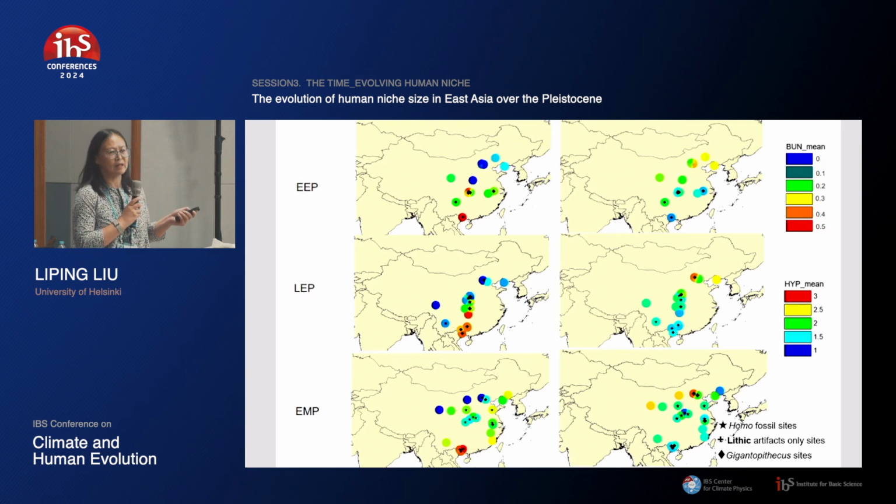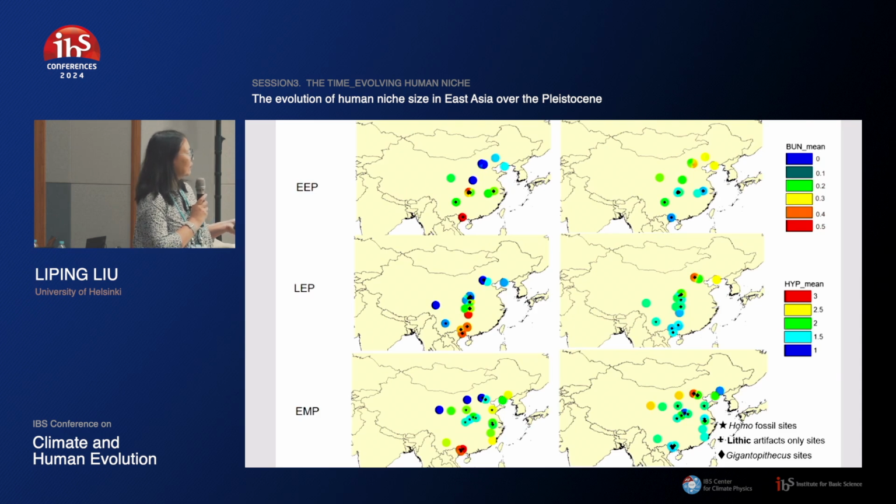Blue means high precipitation, and the orange or red means very low precipitation. So you can see how the climate changed, and meanwhile you can trace how the human distribution changed.